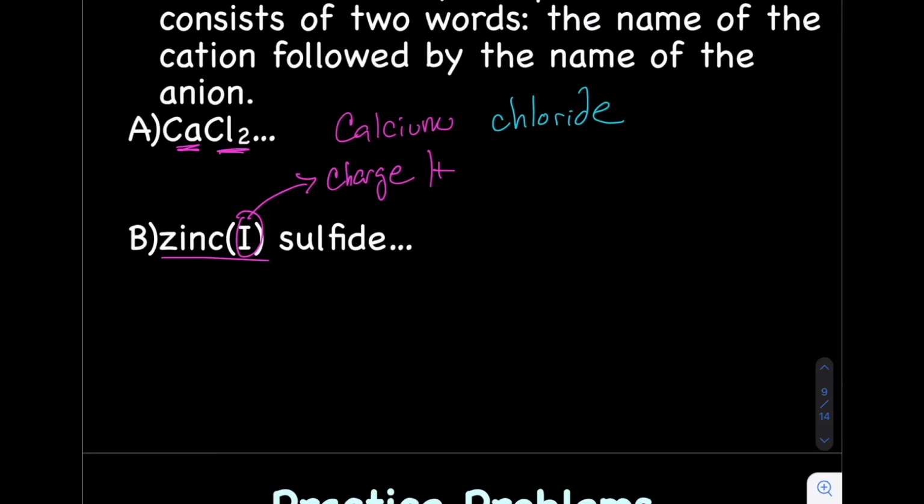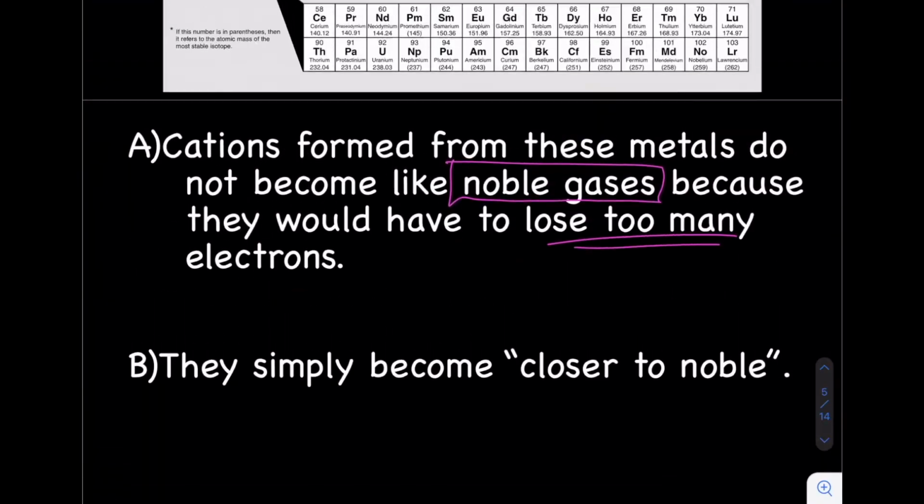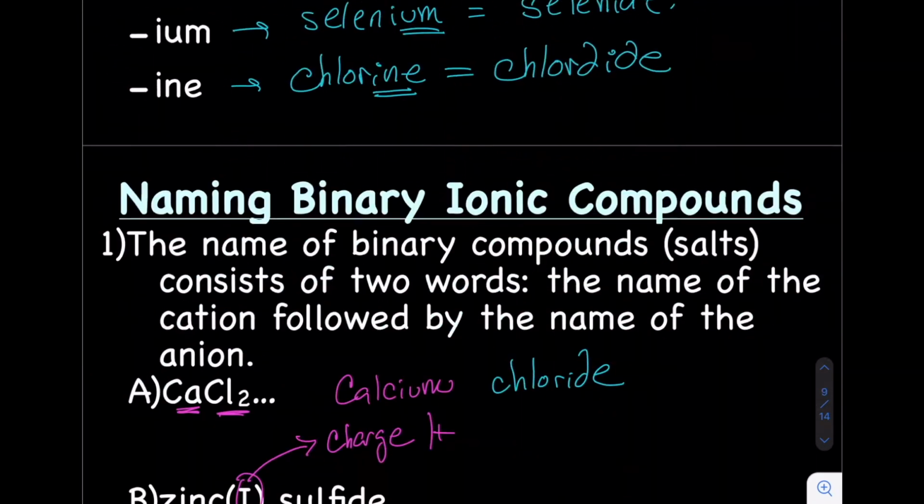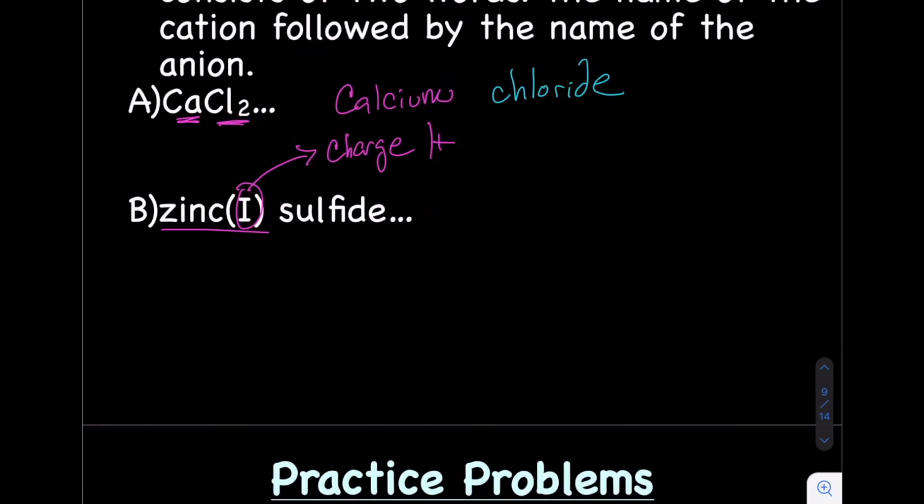Why does zinc have a Roman numeral there? Well, zinc is a metal not in group 1A, 2A, or 3A, so there needed to be a Roman numeral in its name. Again, the Roman numeral tells us the charge, so we know this is Zn 2 plus.